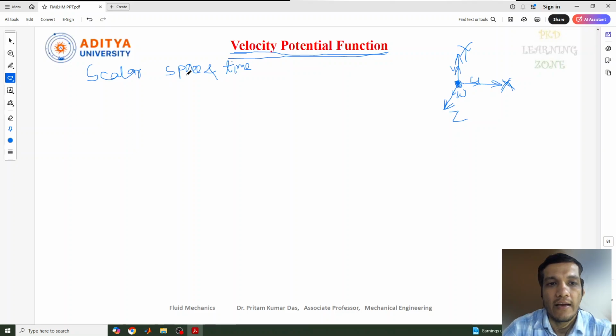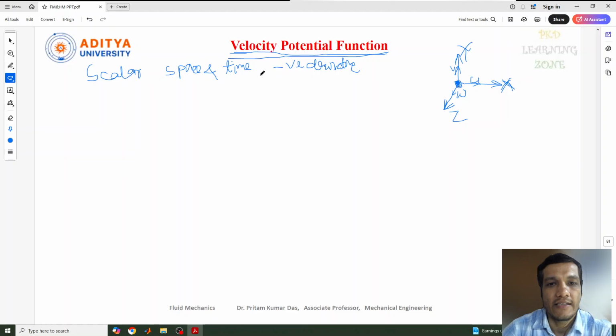It is a function of space and time, and its negative derivative with respect to any direction, x, y or z, gives the fluid velocity in that direction.